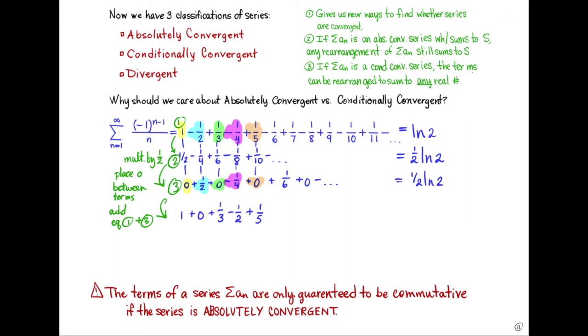Next term, we have a minus 1/6 plus 1/6, so those cancel out and give us 0. And the next term is 1/7 plus 0, so plus 1/7, and we continue the pattern, and then on the right-hand side of our equation, adding the first line and the third line is 3/2 natural log of 2.